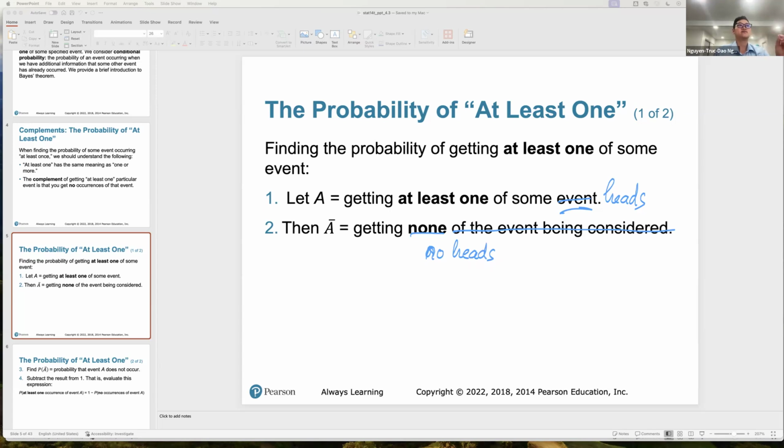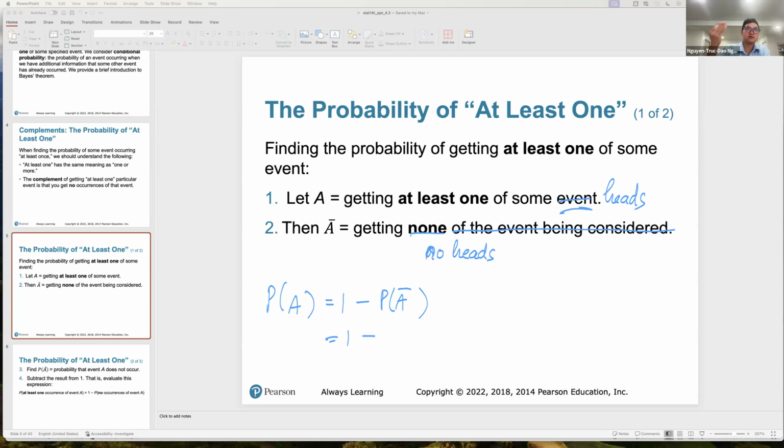Now the second step, we use the complement rule. That means P of A, at least one heads, equals 1 minus P of A bar, that means no heads. So we calculate the probability of no heads, that means tails. When you toss one coin, the probability of a tail is one half, because you have 2 chances, head or tail.